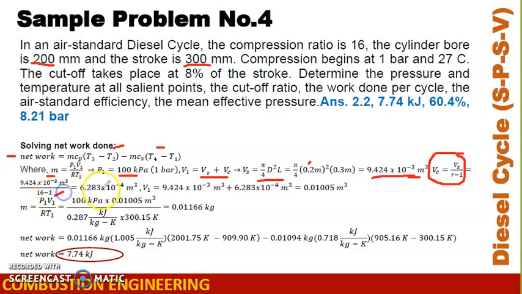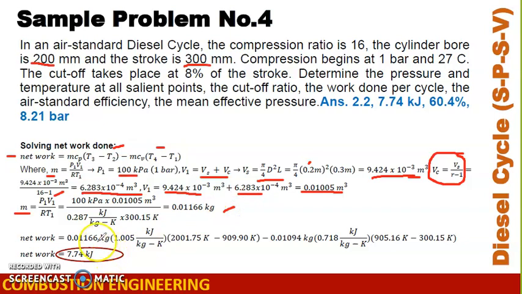So V clearance is 6.283 times 10 to negative 4. So V1 is V swept plus V clearance, so that's 0.01005 meter cube. Substituting the values to the equation for mass, we get 0.01166 kilogram.